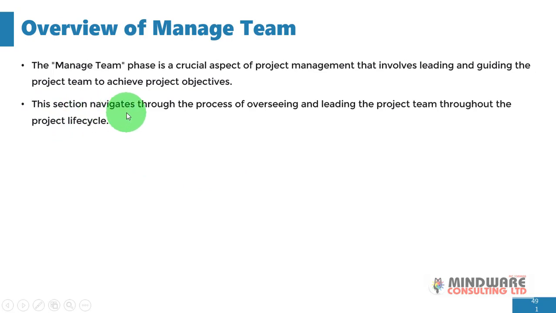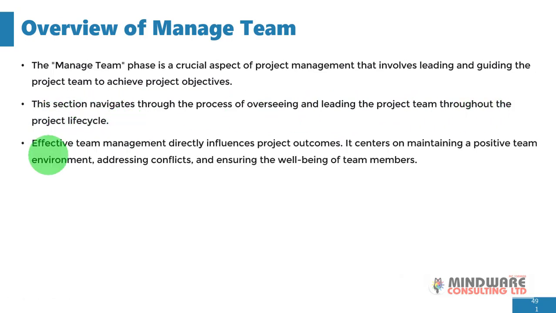So this section navigates through the process of overseeing and leading the project team throughout the project life cycle. Effective team management directly influences project outcomes. It centers on maintaining a positive team environment, addressing conflicts, and ensuring the well-being of team members.